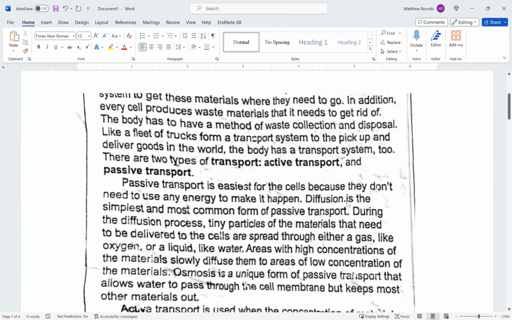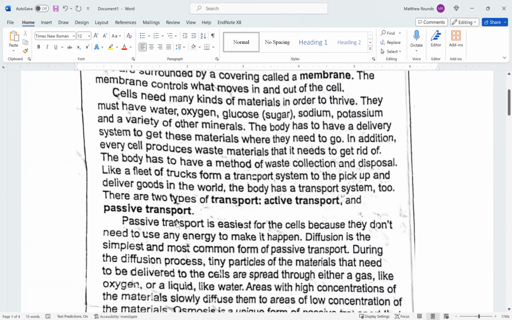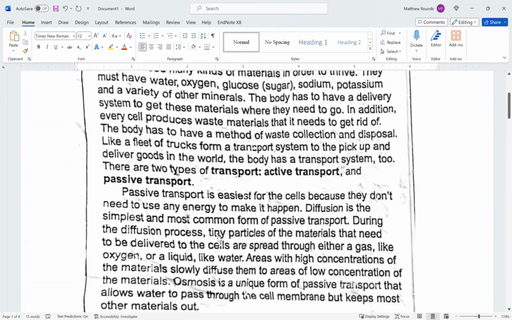Let me see if I can find it here for you. Can you read this first sentence where it says passive transport is?